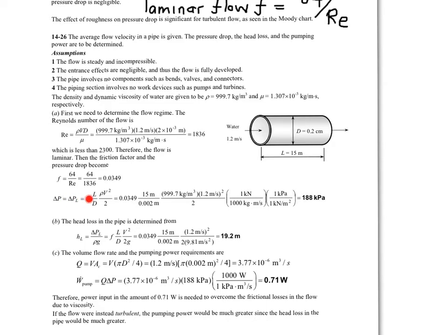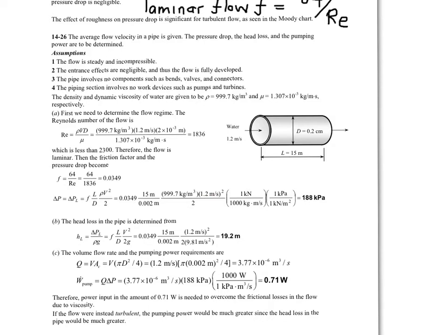We can then use the Darcy equation to obtain the pressure drop. The friction factor calculated, the length of the pipe given, the diameter given, and rho v squared over 2 given.